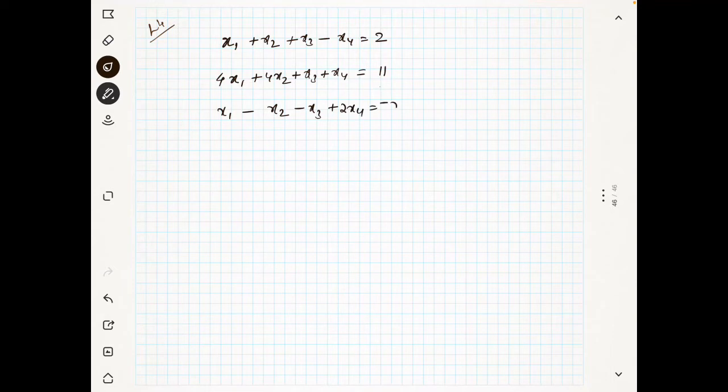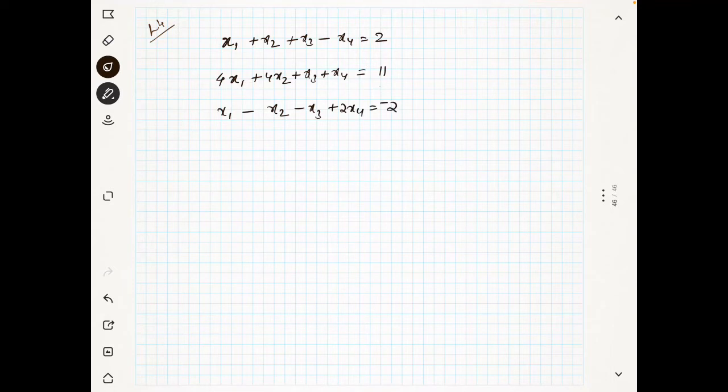x1 plus x2 plus x3 minus x4 is equal to 2. Another equation, x1 plus 4x2 plus x3 plus x4 is equal to 11. Another equation, x1 minus x2 minus x3 plus 2x4 is equal to minus 2.